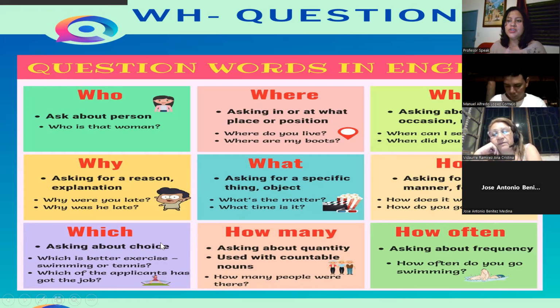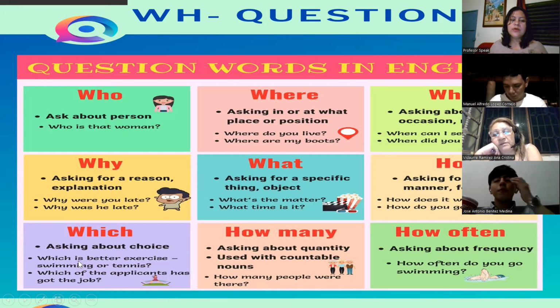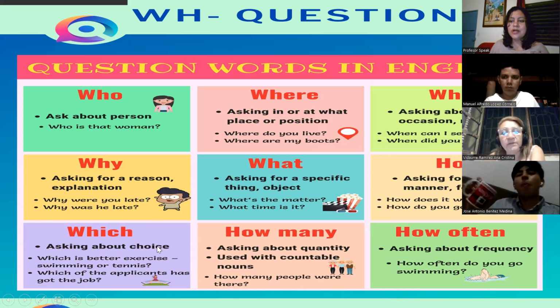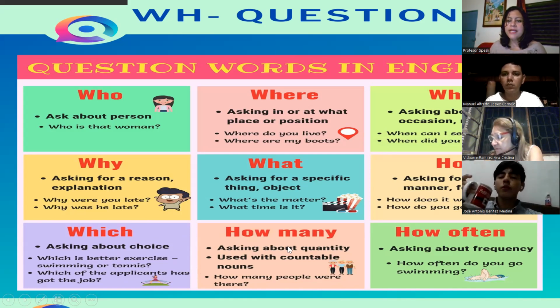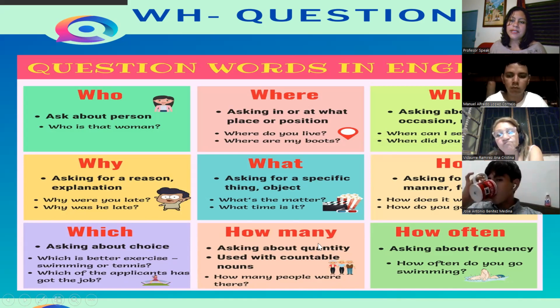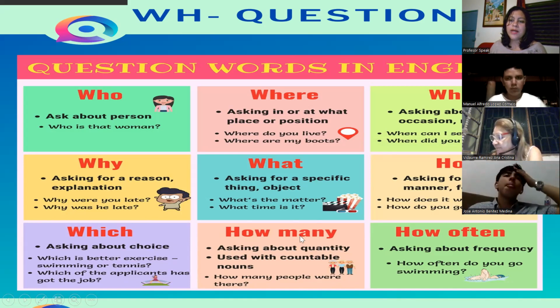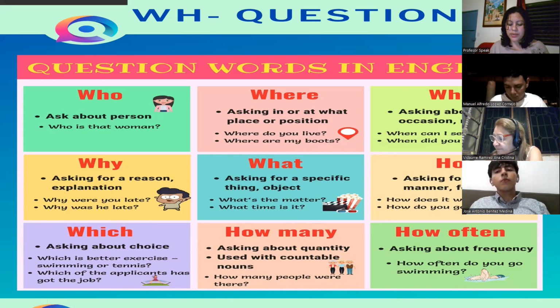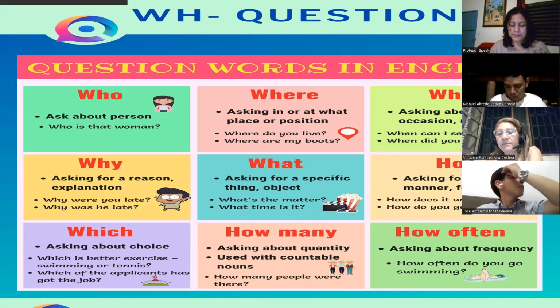Choice is opción. Which? Like, which is better exercise, swimming or tennis? Okay, so you are asking about an option. A choice is una opción. How many? You're going to use how many when you are asking about a quantity. Quantity is cantidad, okay? And how often when you are talking about frequency, like frecuencia, frequency, how often?